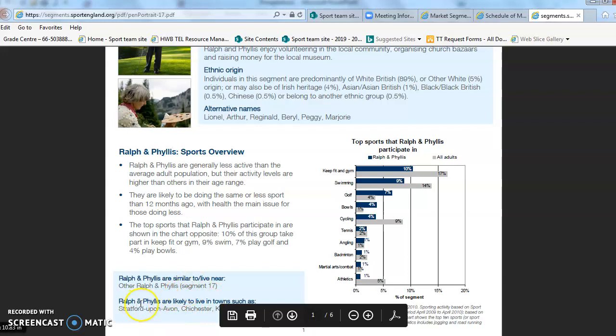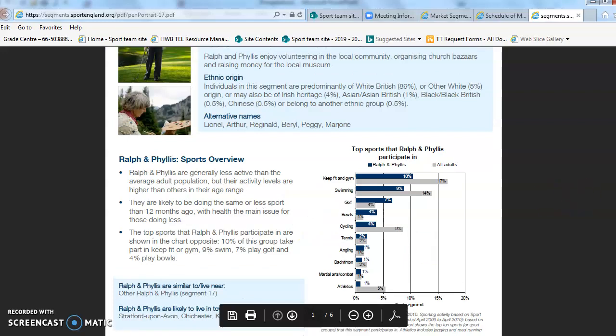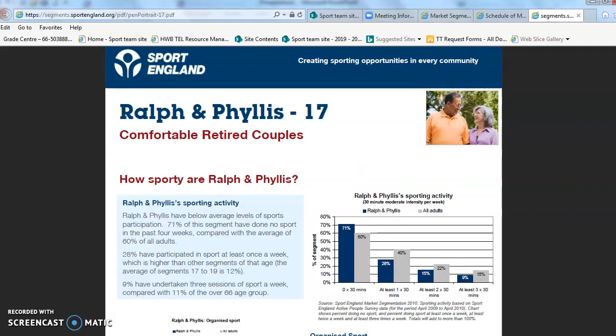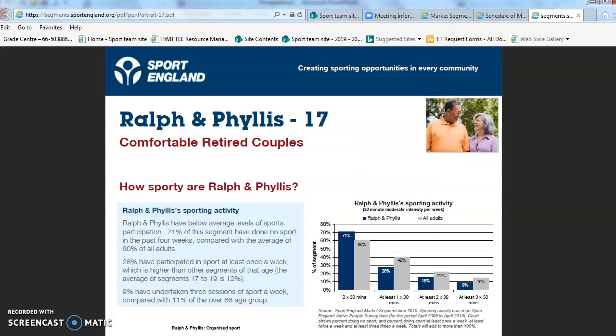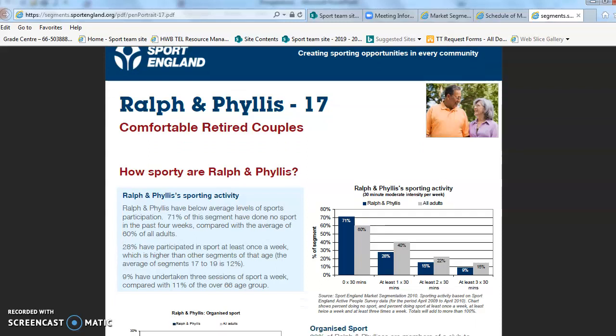So the Ralph and Phyllises of this world are likely to live in Stratford-upon-Avon, Chichester, Kendal, Farnham, Evesham. You might not be aware of where some of these places are, but that is something that you will need to do additional research into, and you can quite easily link the areas from Sport England to the Public Health England profiles as well, that Kim has developed a screencast for you to do as well.